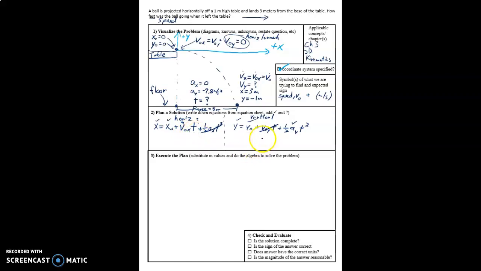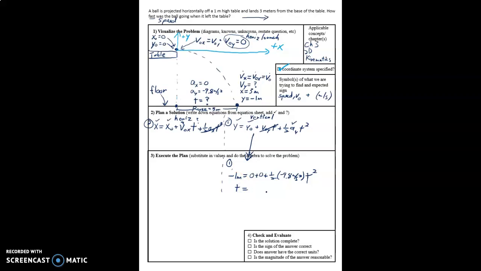So let's go ahead and do that. So I'm just going to make a note. We're going to do this first, and we're going to do that second. So I'm taking this equation down here, and we'll fill in our values. Negative 1 meter equals 0 plus 0 plus 1/2 times negative 9.8 meters per second squared times t squared.